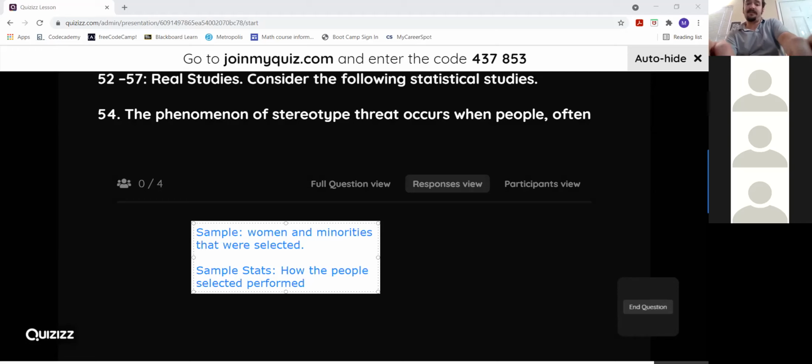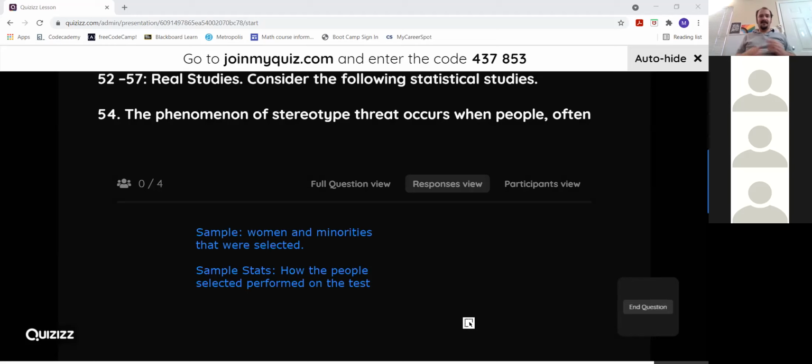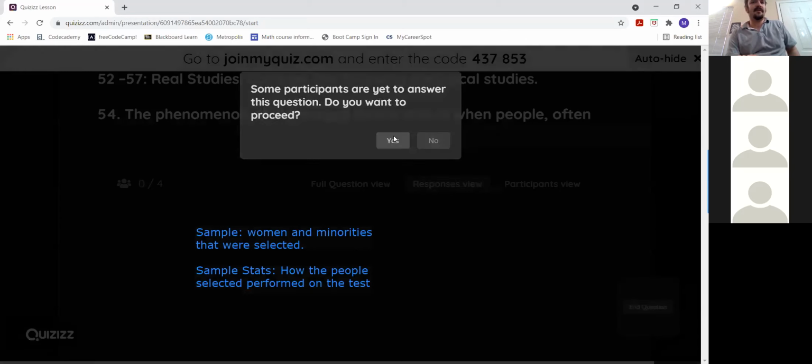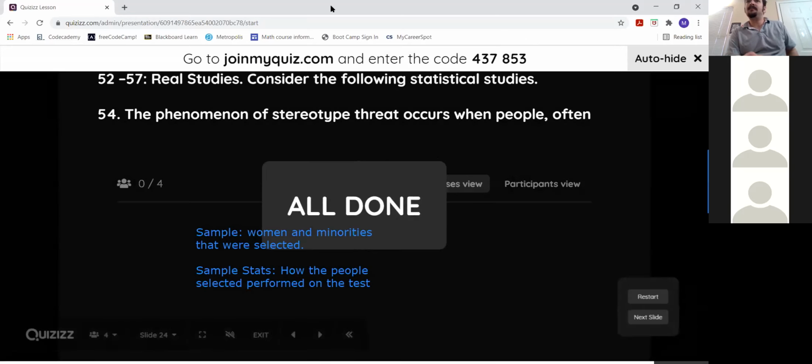So how the people selected performed on the test, with priming and without priming. Are there any questions about this population and sample? And what we're recording, I guess, is their test performance.